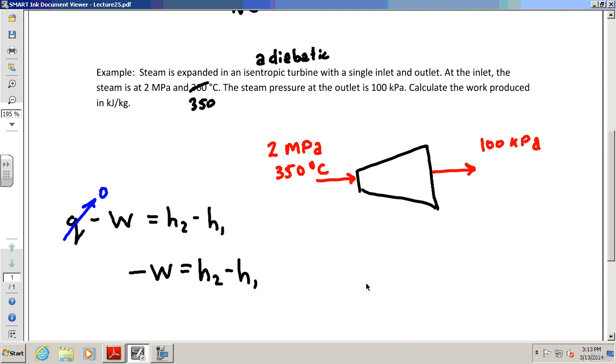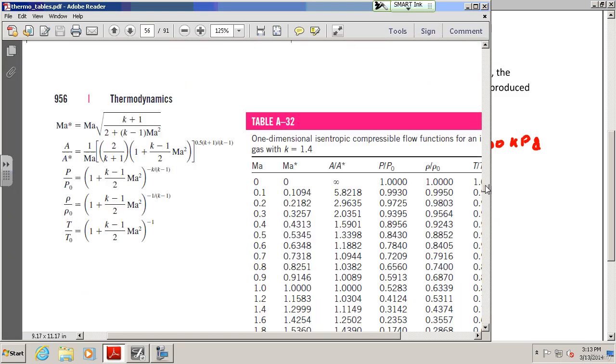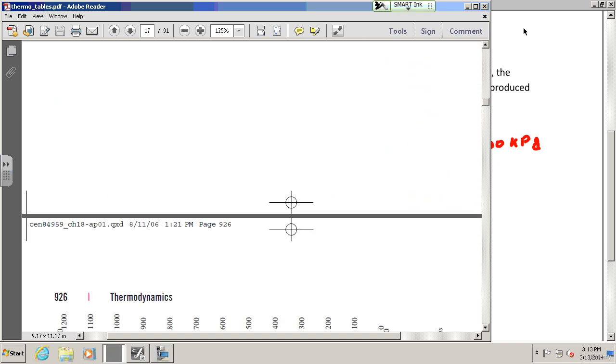Okay, so I can easily get the H1, right? I can get the enthalpy of what's going in because I know its pressure and I know its temperature. I go to my charts here, and this is metric.